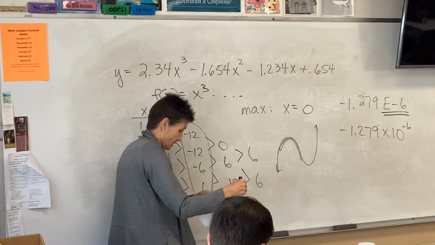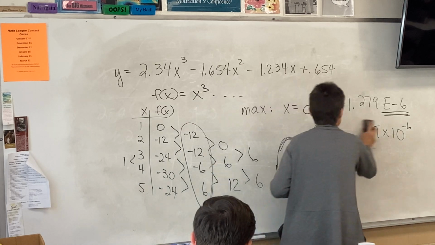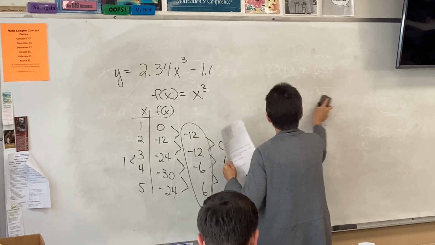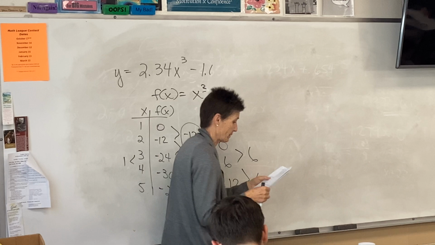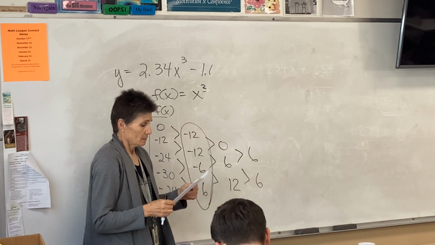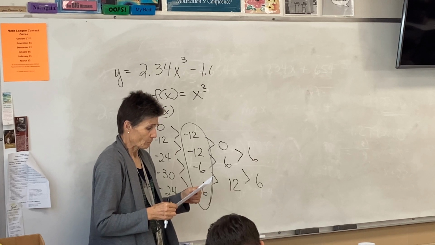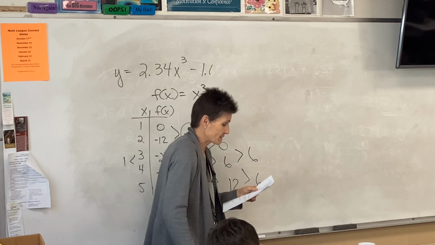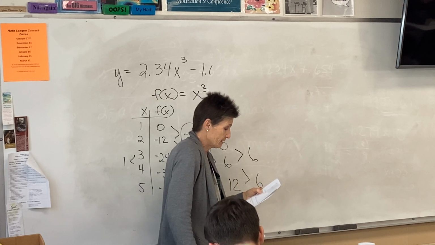Okay, next page. Whole bunch of questions. Relative max at x equals what? 3, perfect.